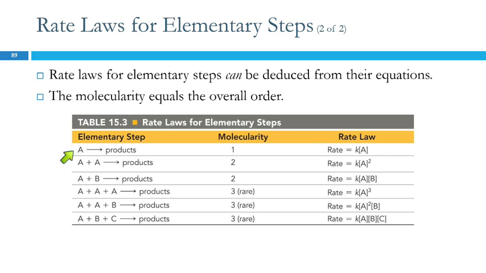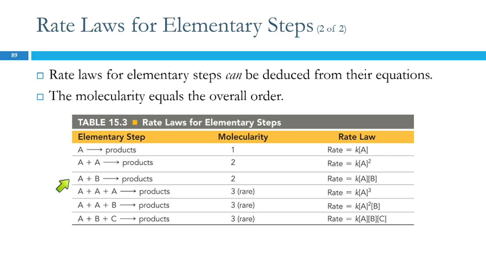So here, there's only one reactant, unimolecular. The rate law will be equal to the rate constant times the concentration of that reactant. Here we have two reactants. So this is going to be k[A]^2, because it depends on the concentration of both of those.